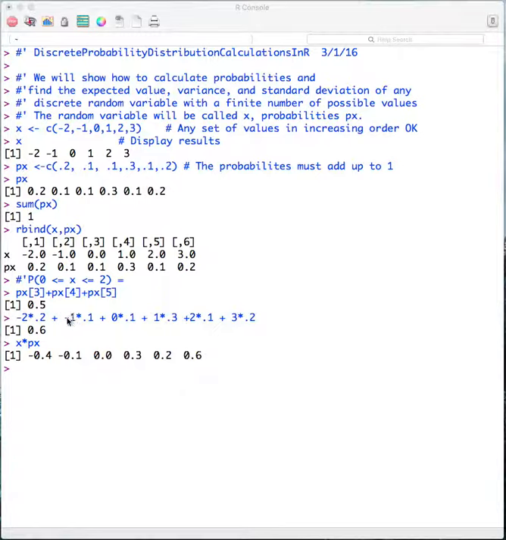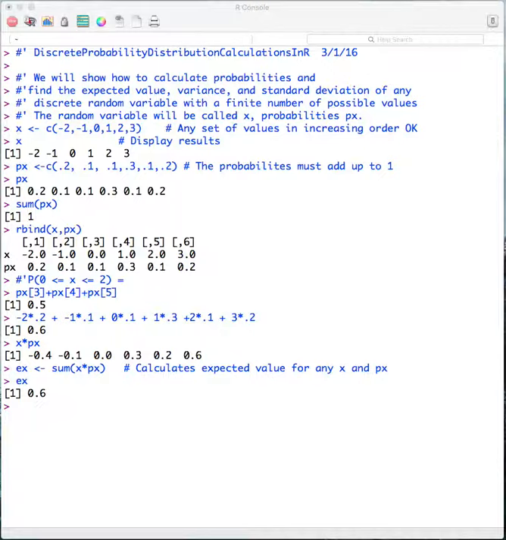Each one of these is the product of the corresponding values of x and px. So it did element by element multiplication. But that's exactly what the definition of expected value requires. However, we have to sum these up, and that lets us define expected value as just the sum of x times px. In this case, I gave it the name E, and notice the same 0.6 that we got before.